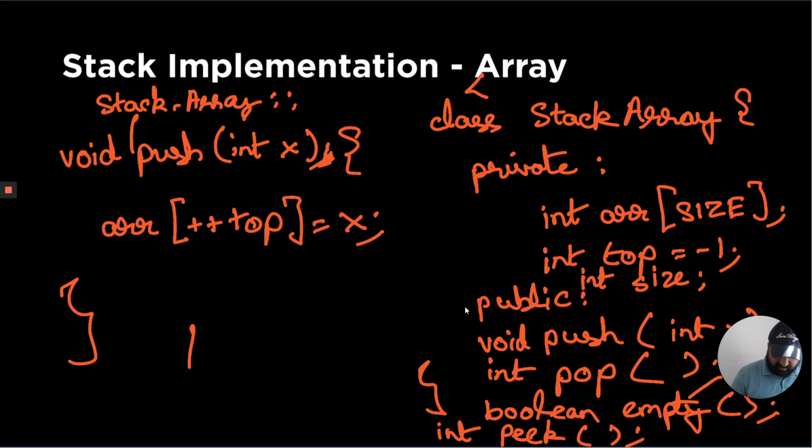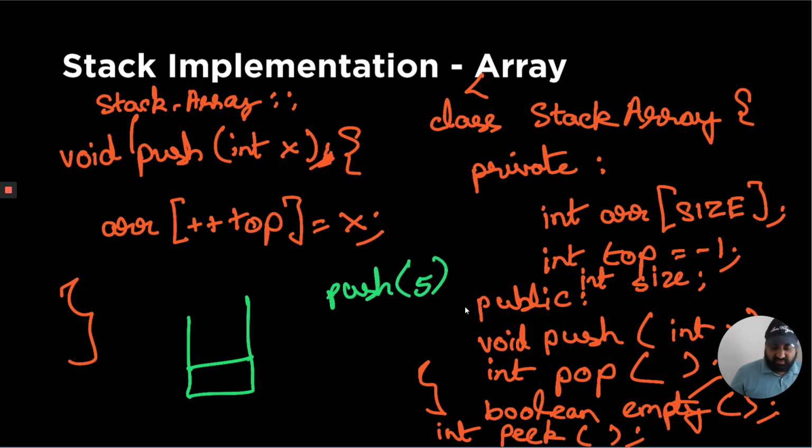Let's say the stack is empty. If the stack is empty, it will basically insert the number. Let's say we call push 5, this is going to insert 5 in our array, because right now the array is empty. I can draw it in the form of an array.